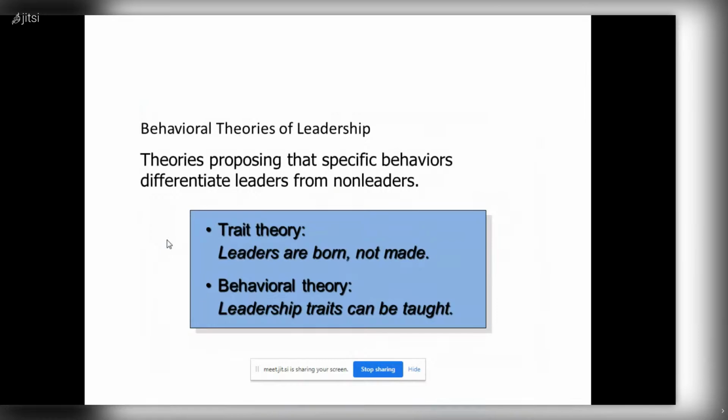It all started with various universities and organizations, who carried out different kinds of research in understanding and studying the behavior of leaders.